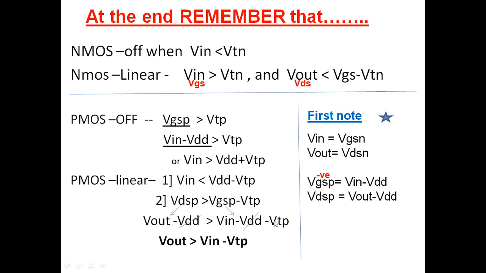The VDD gets cancelled, hence Vout is greater than Vin minus VTP. For this particular condition, my PMOS will be in the linear region. So the bottom line of all these equations is this equation.